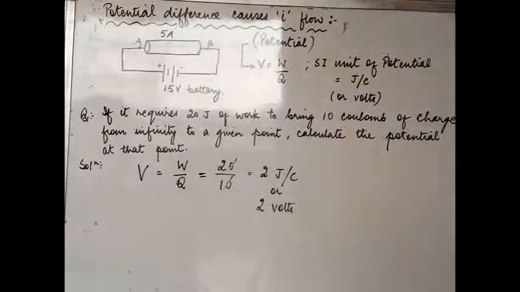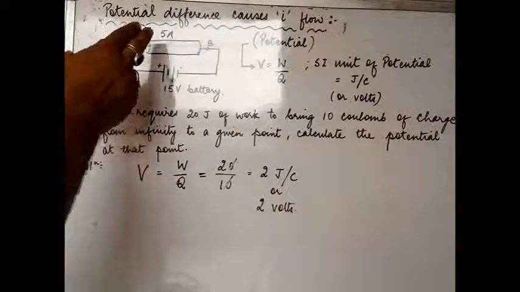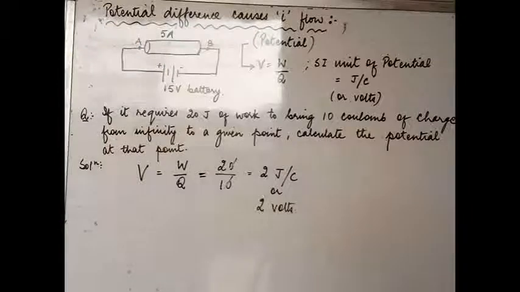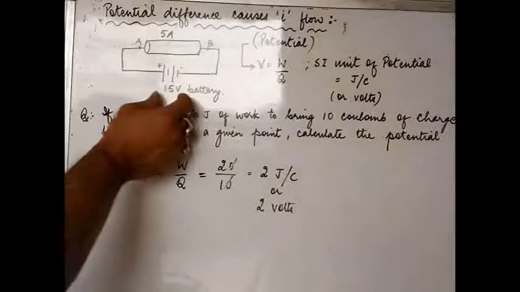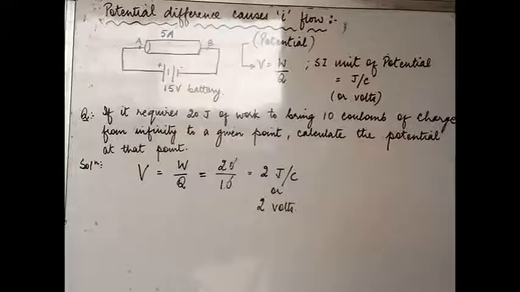As a result of the increase in the potential difference, there will be a similar increase in the current flow also. So basically this potential difference is the one responsible for the current flow. Please remember that. Now let us go on quickly to the resistance part in detail.